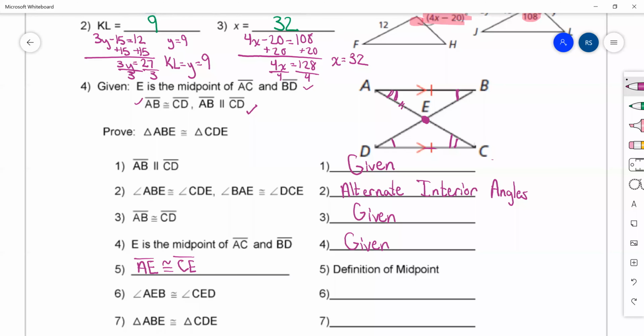So these two are congruent. That also means, though, that BE is congruent to DE. So these are congruent.